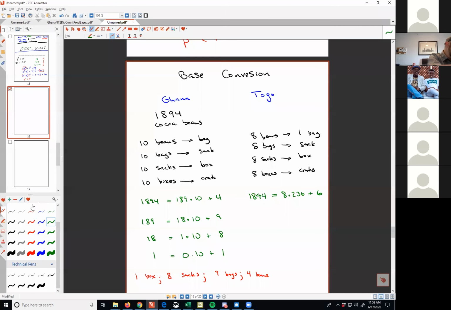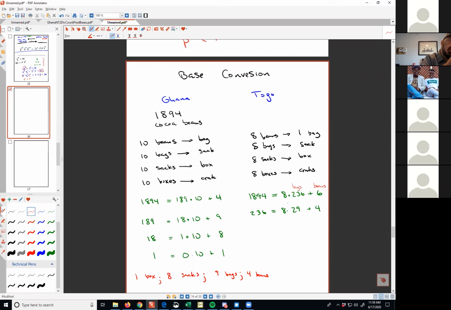Okay, so right now we have 236 bags and 6 beans left over. Now we need to take those 236 bags and put as many of those into sacks as possible. How many sacks can we fill and how many bags are left over? We can make 29 sacks with, I think, 4 bags left over. Good.